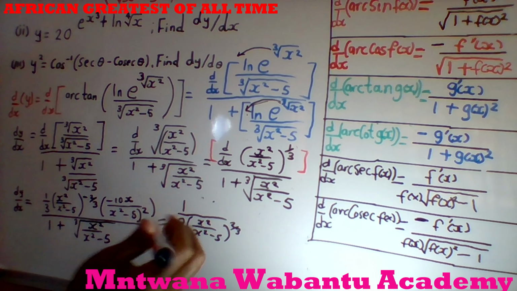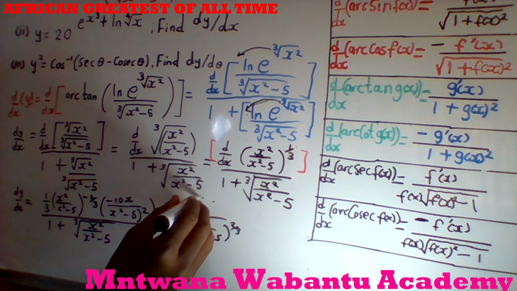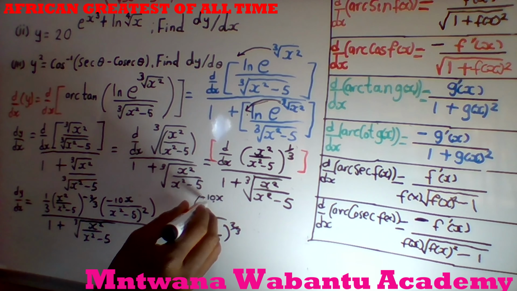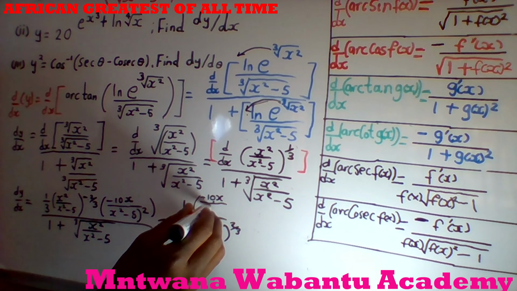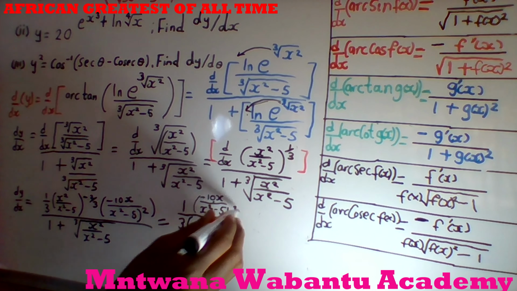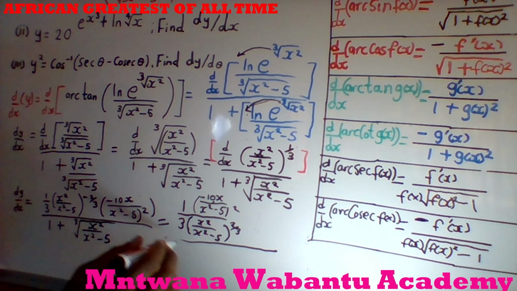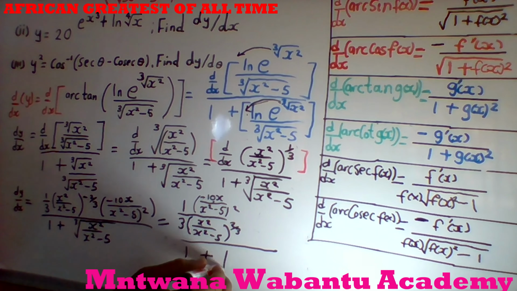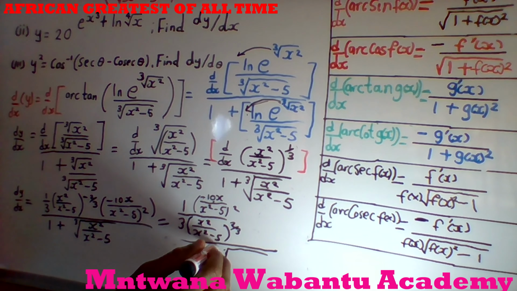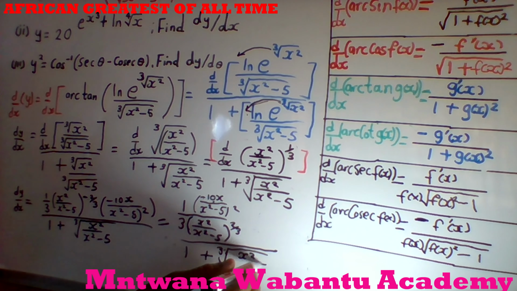All this stuff is at the numerator, which is negative 10 over (x squared minus 5) squared, and then all this stuff over 1 plus cube root of x squared over x squared minus 5.